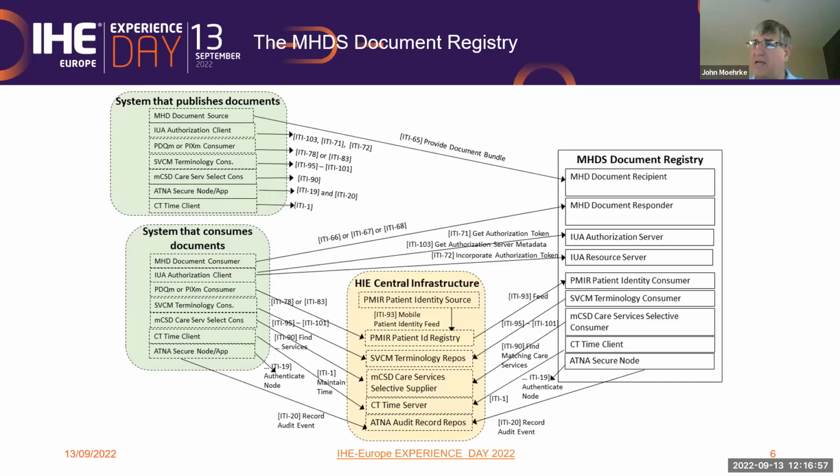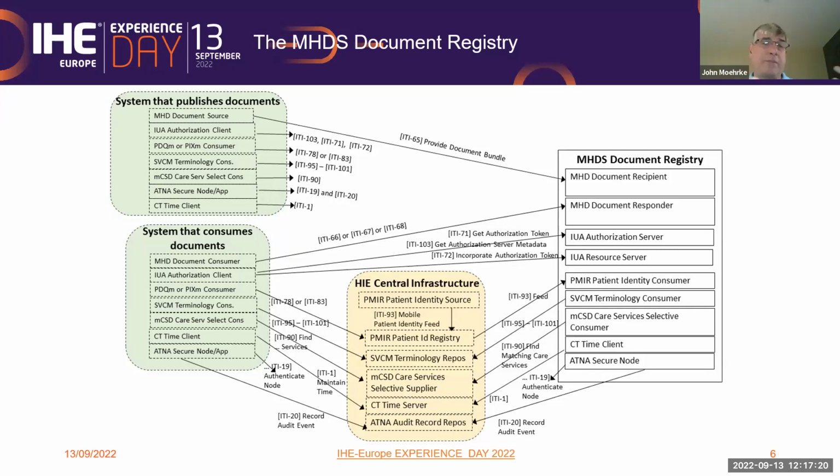And you can see kind of in a real shorthand the transactions that those are dealing with. And we do go into a little bit more detail within the MHDS, but effectively we're just using these transactions for a given purpose to orchestrate into this holistic system.